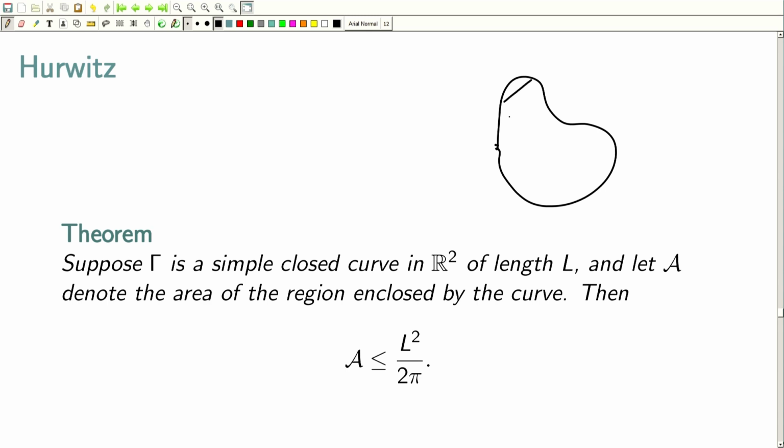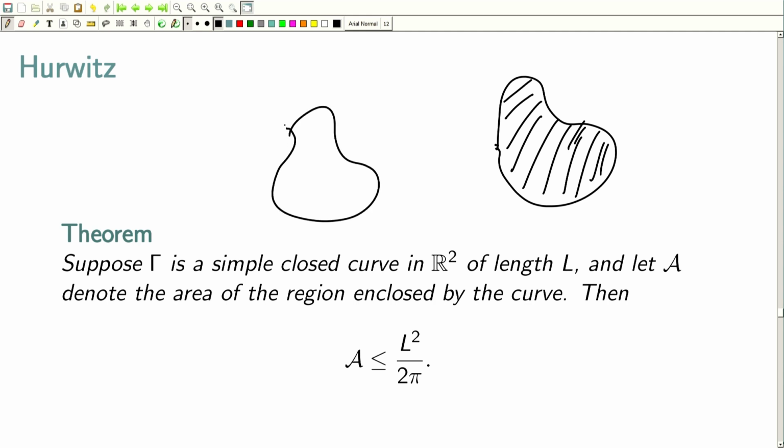This is the area of the region which is enclosed by the curve, and I can take this. Suppose I consider another curve or some other curve.